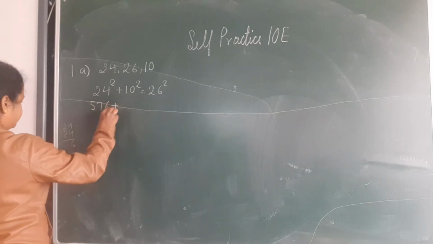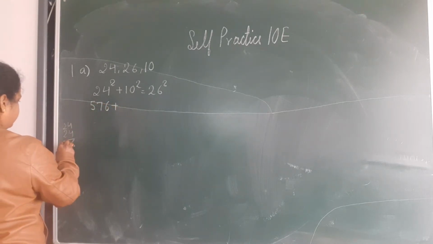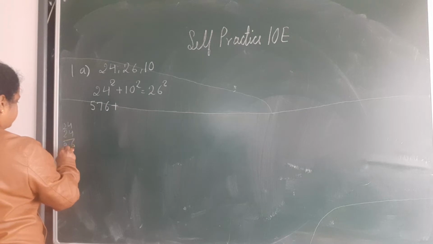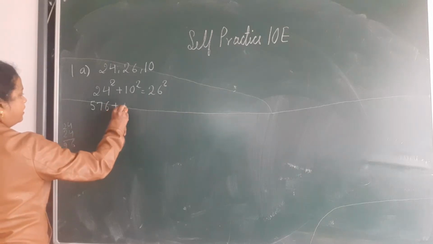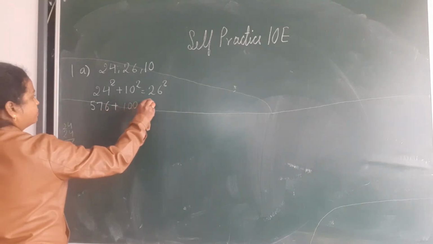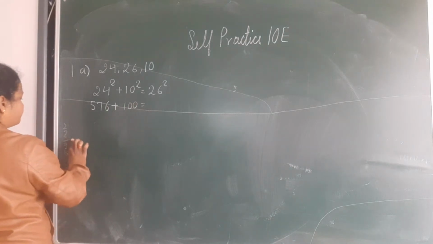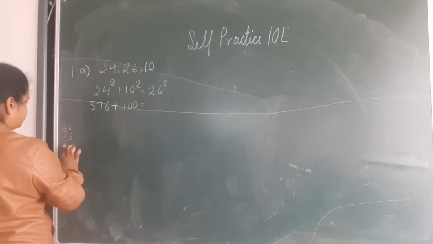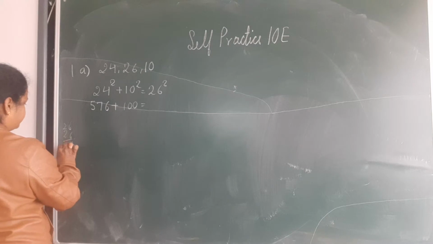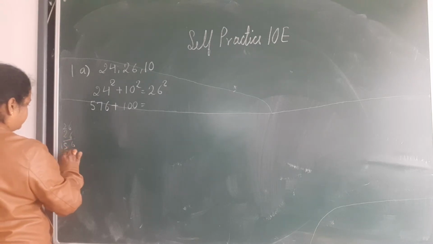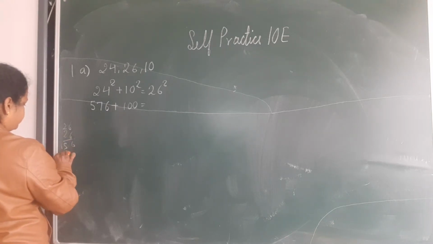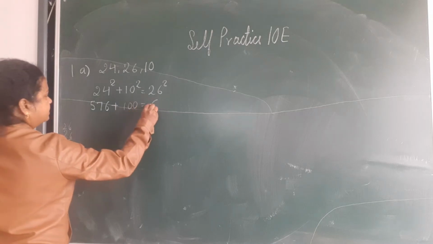576 plus 100, which is equal to... what is the square of 26? 676.